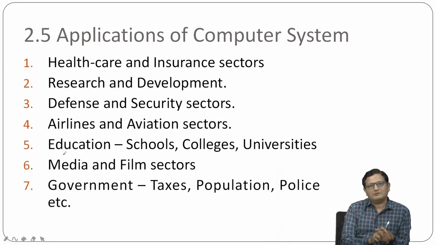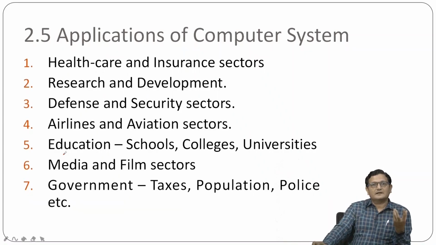Now we will see the different areas of application where we can use the computer. Several areas are there where we can take the help of the computer system. Let's suppose in the healthcare center or the insurance sector, computers will be used.